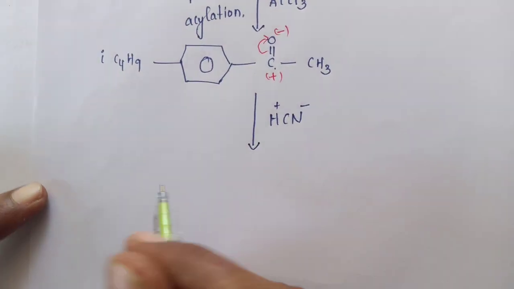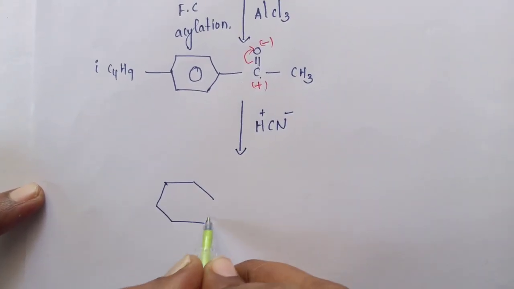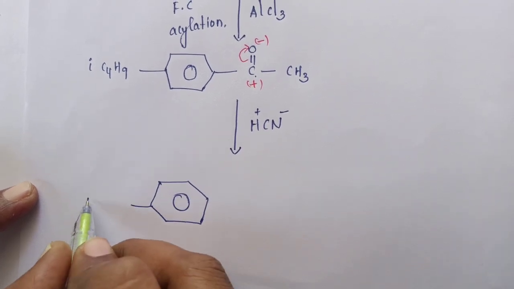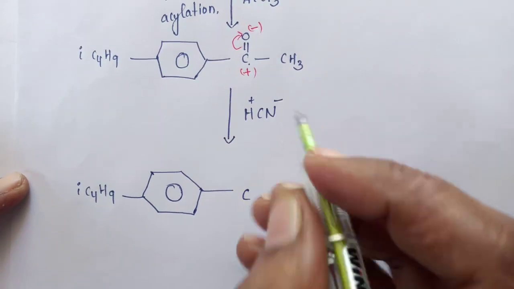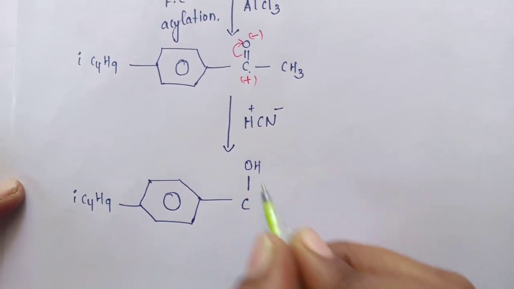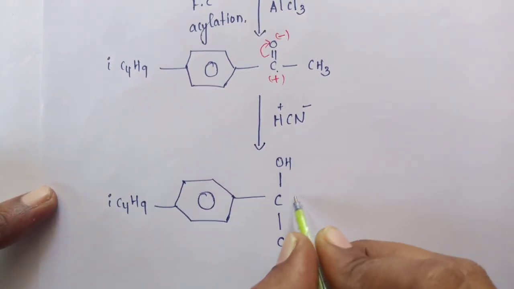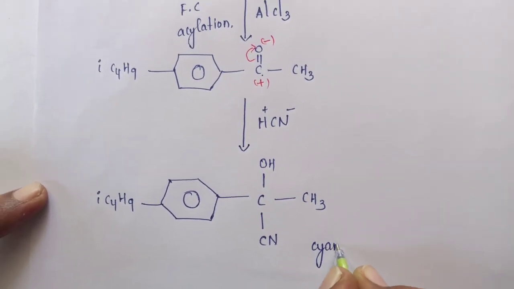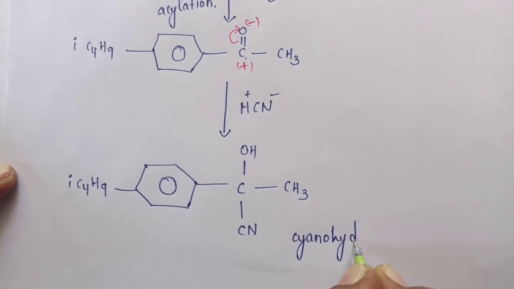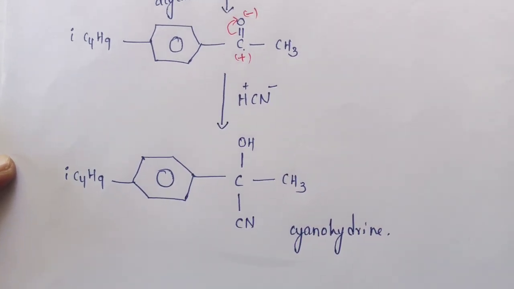Finally it forms benzene with IC4H9, H plus attached to oxygen as OH, and cyanide with CH3. We name this compound a cyanohydrin. We are getting a cyanohydrin.